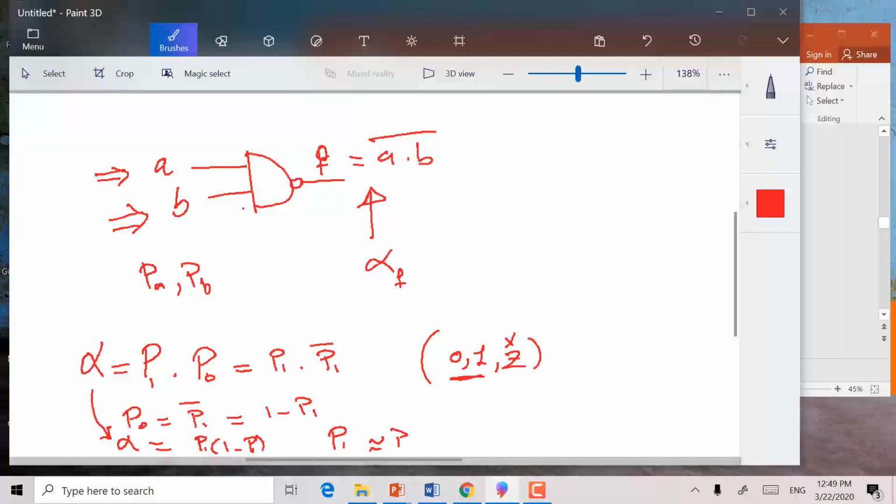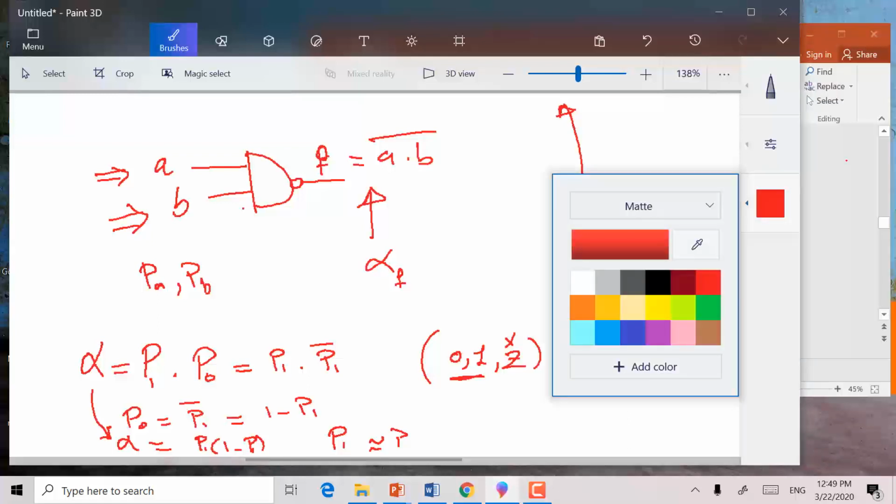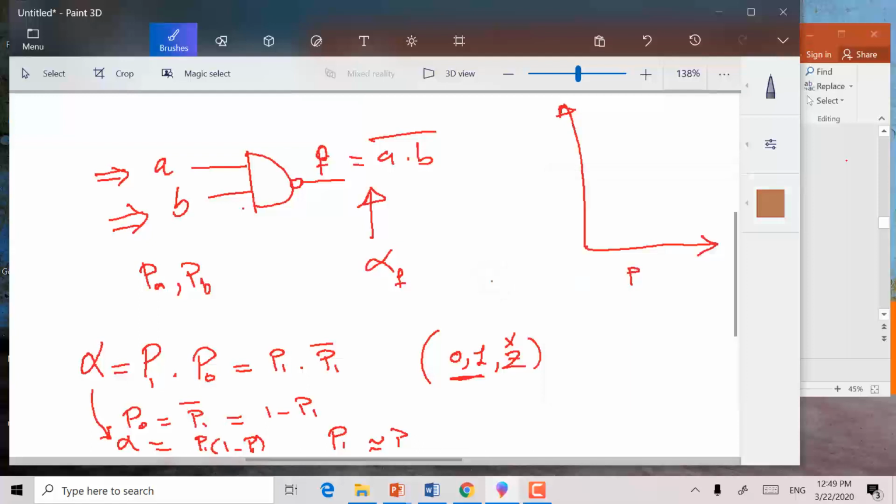Well, what it means is that if we have a plot where we have a signal which has a probability of switching to a 1, and here is alpha, we're going to assume that the signal has from 0 all the way to 50% switching.